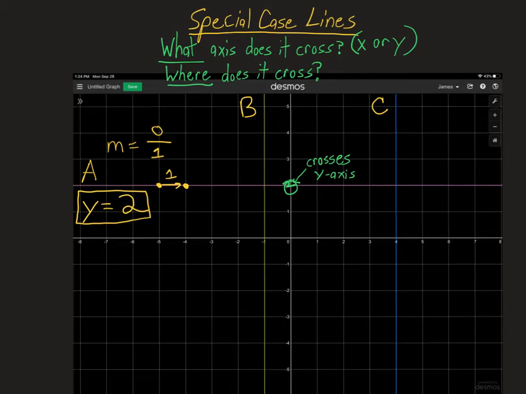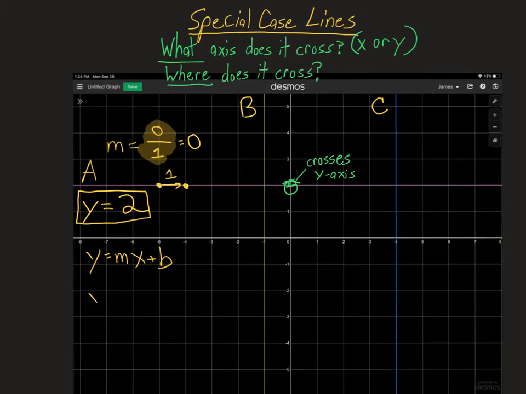Now let's look at that for a second and what happens there. If I went with the original form that we normally use, y equals mx plus b, we can go back up here where we just said the slope ends up being 0 over 1 because there is no up or down, there's only an over. And technically, 0 over anything is just 0.